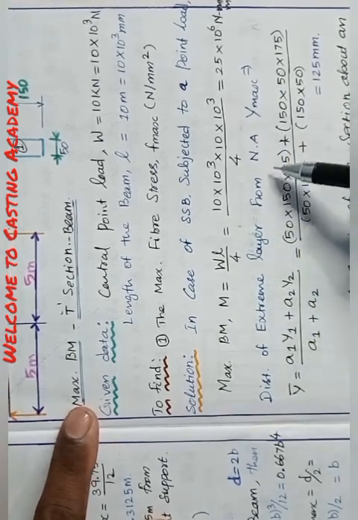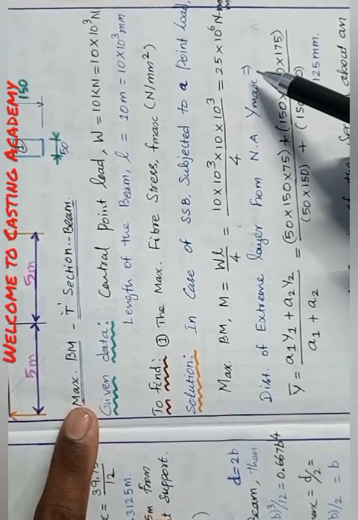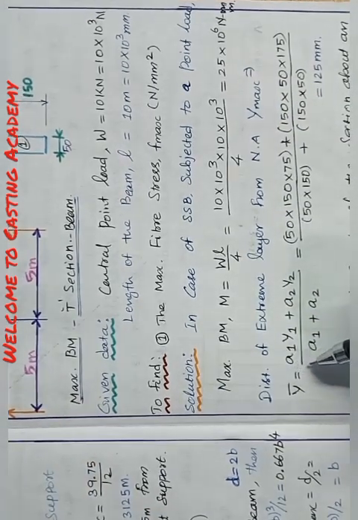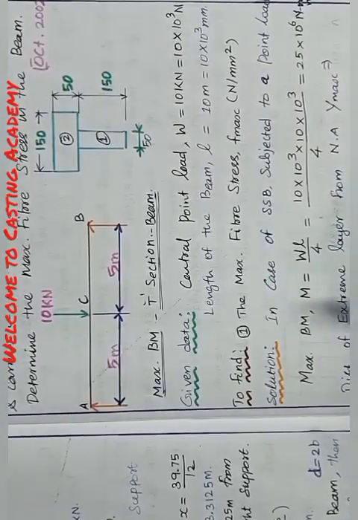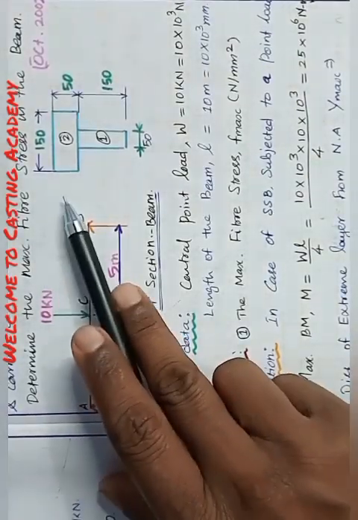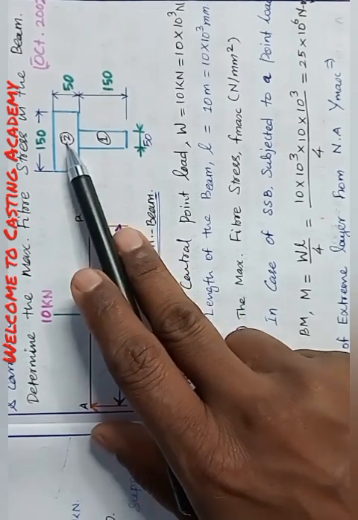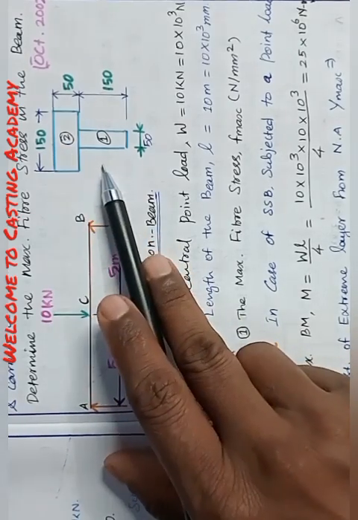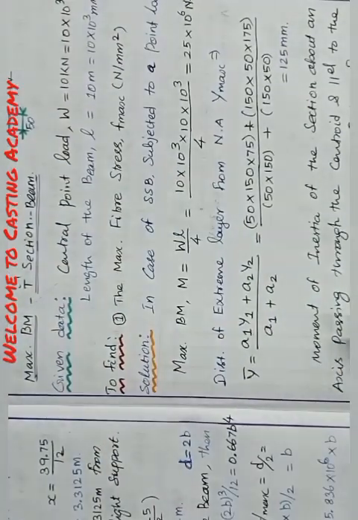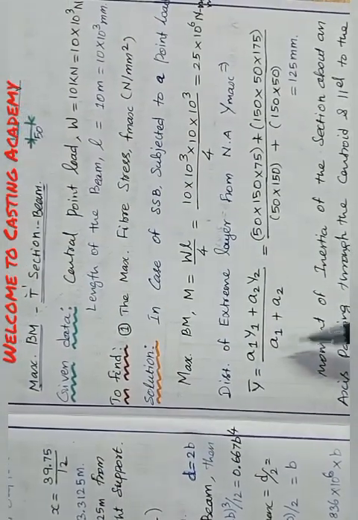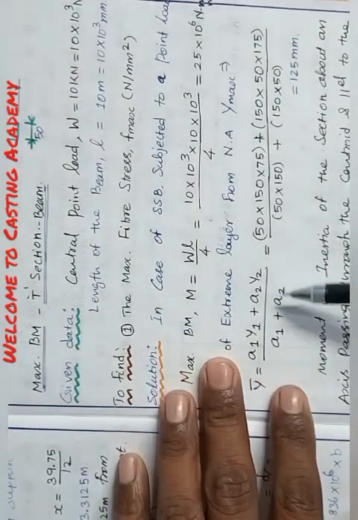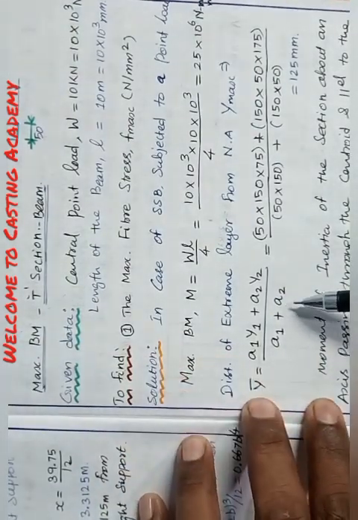The distance of the extreme layer from the neutral axis, y max, is given by Y bar. Y bar equals A1 Y1 plus A2 Y2 divided by A1 plus A2.